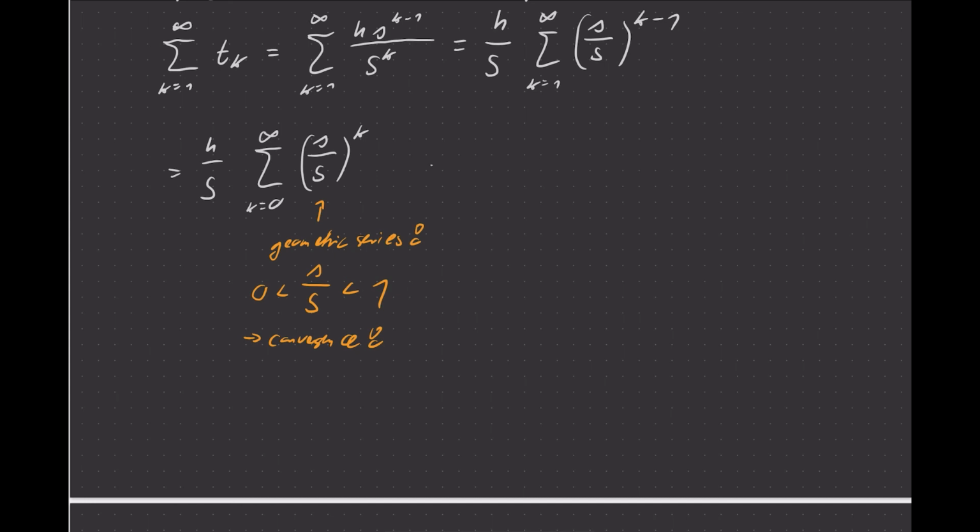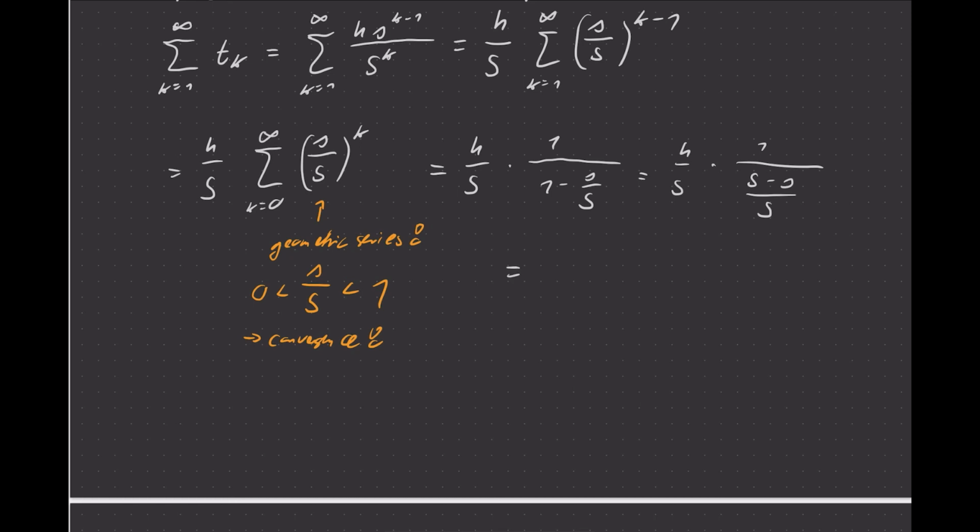And we can even compute the limit. We still have this factor h over capital S here. And the limit is then 1 over 1 minus s over capital S. Or in other words, if we reformulate that slightly, we get h over s, 1 over capital S minus s over capital S. And you can see the capital S cancels out once here.